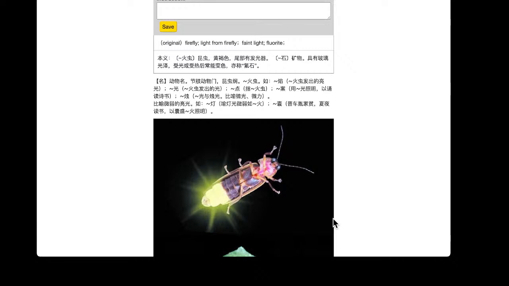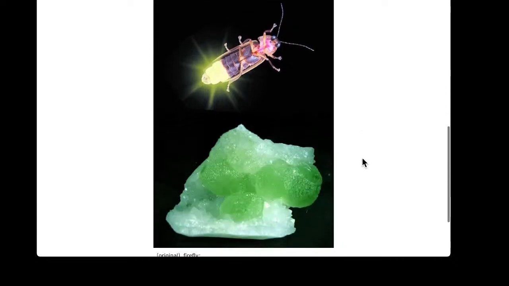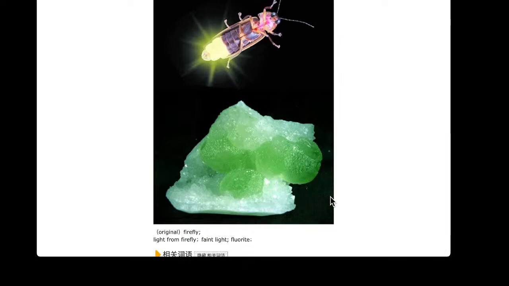It looks like this bug emitting light, so they call it 荧光屏. It also refers to anything that is not necessarily emitting light but reflecting a semi-transparent light. They call it ying also.